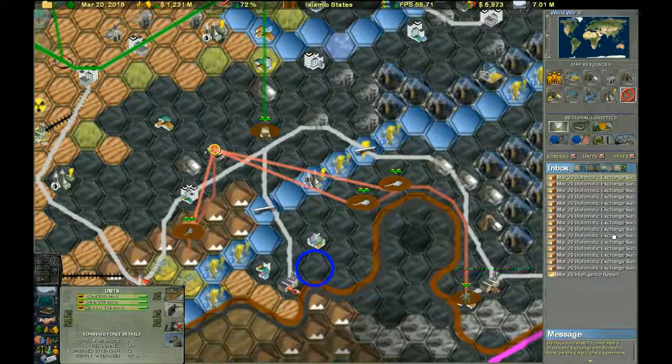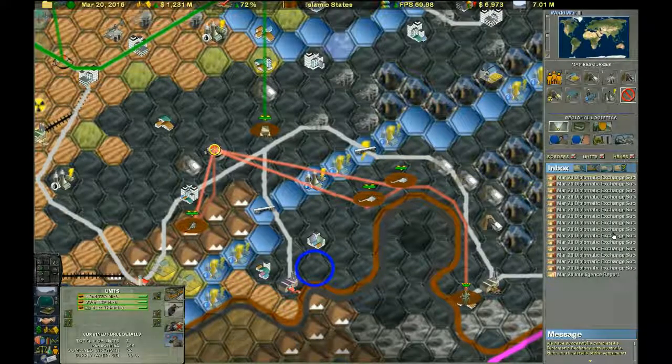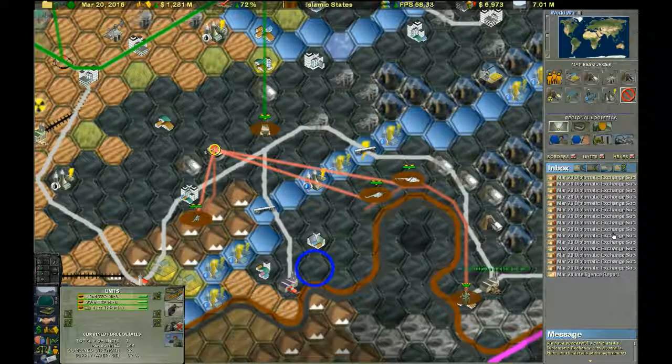This is down on my direct southern border with Pakistan. Pakistan is that gray border, and just in the bottom right corner you can see my border with India.